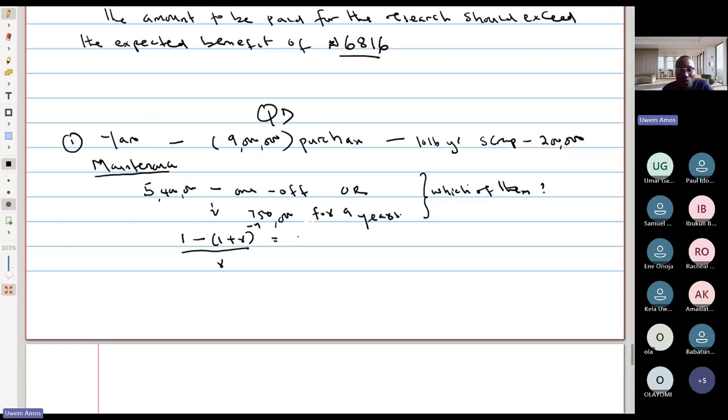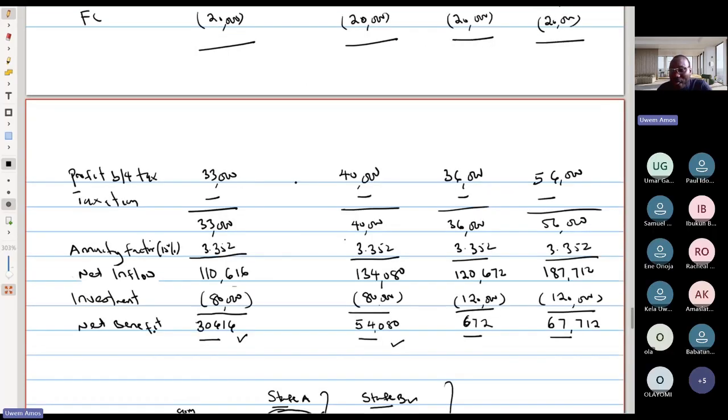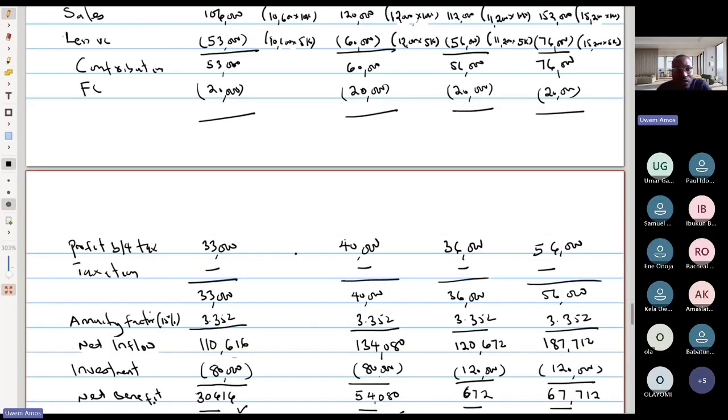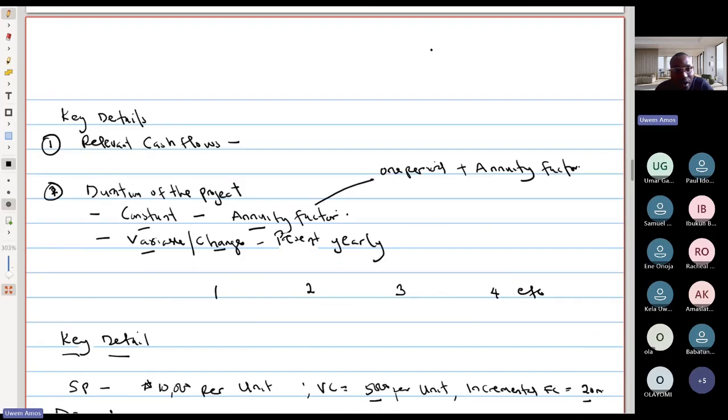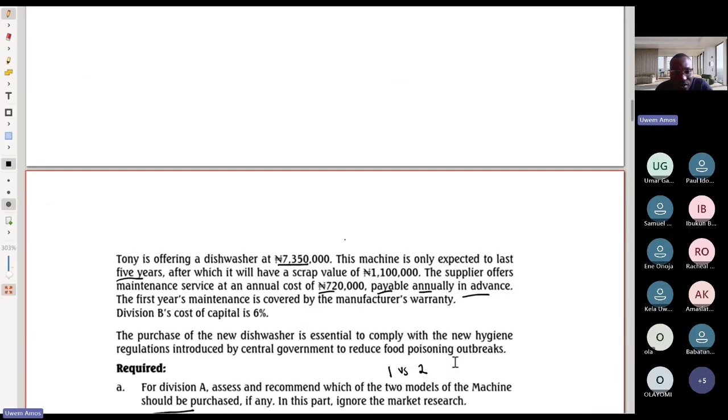So let's look at what the cost of capital or the interest rate is in the question, so we can use that to extend that fixed cash flow.